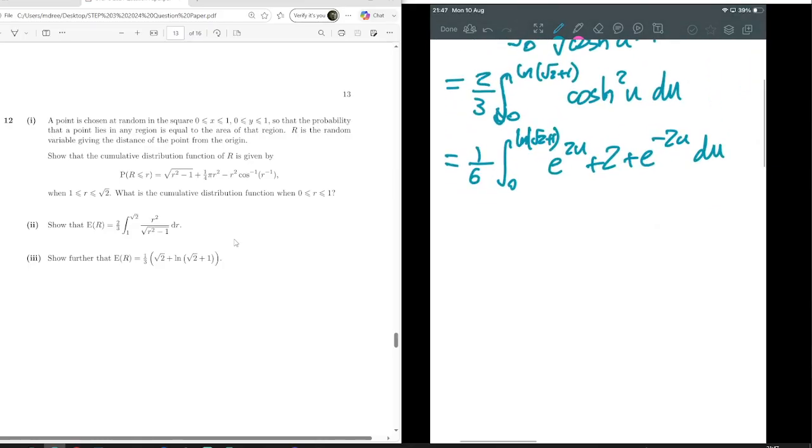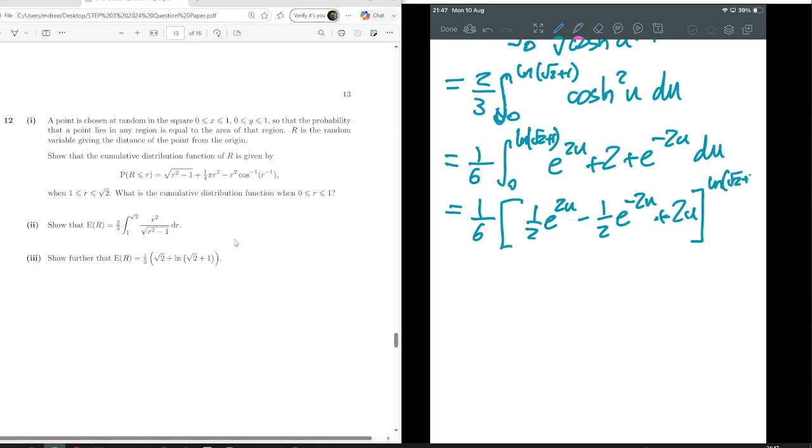And if you do see these two terms together, your mind does think this is a cosh 2u situation, but I want to leave them as exponentials for the reason discussed a moment ago. So this is going to be a sixth. We can integrate each of these quite easily. A half e to the 2u minus a half e to the minus 2u plus 2u between the limits.